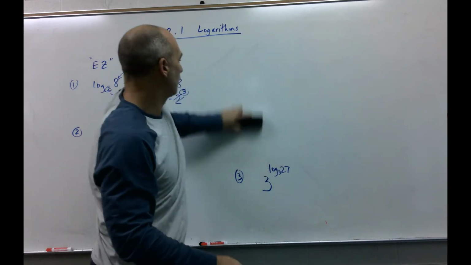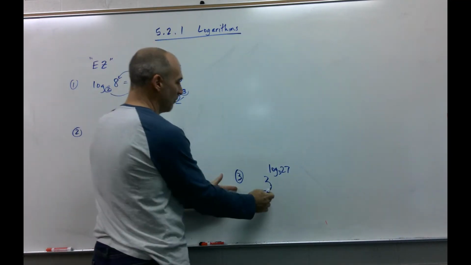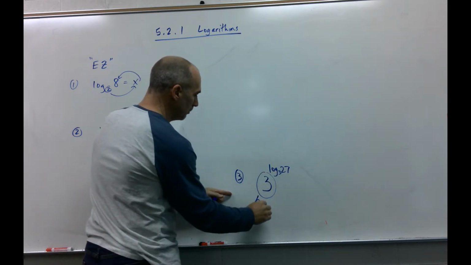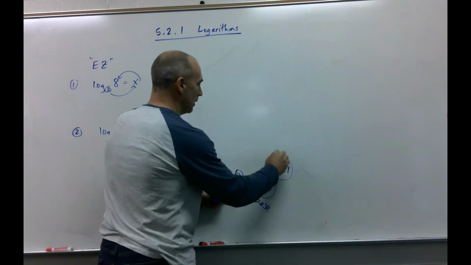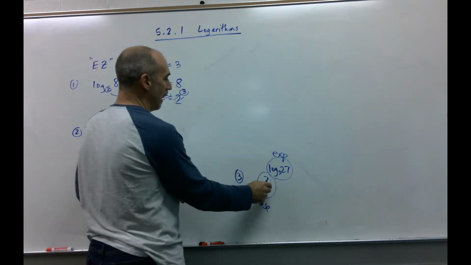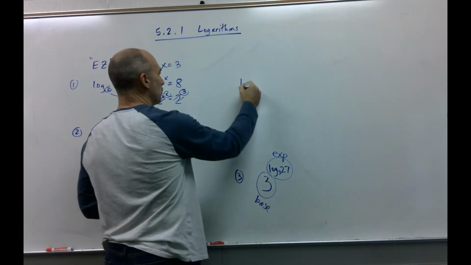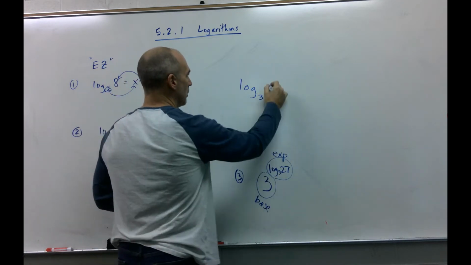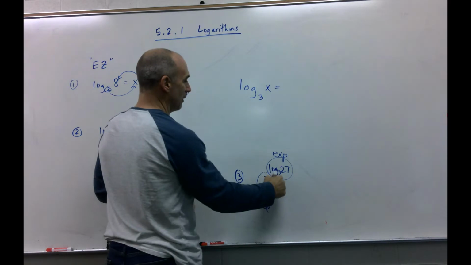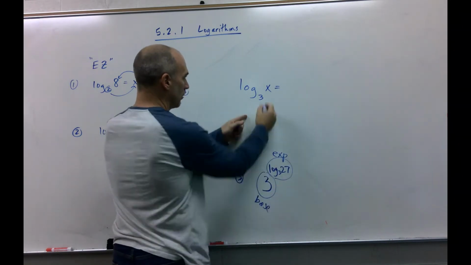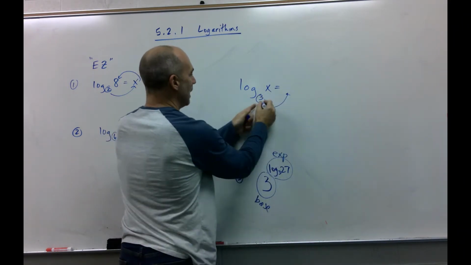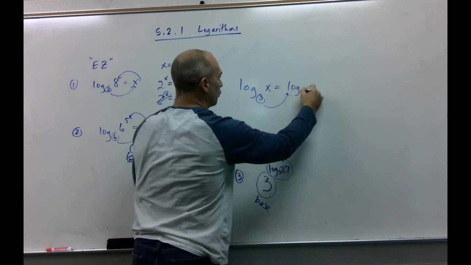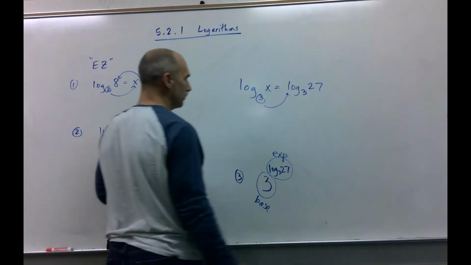Last one for this one. This is different. This is my base. This is my exponent. The first thing I'm going to do is rewrite it as a logarithm. 3x, that's my exponent, so base power log 3/27.